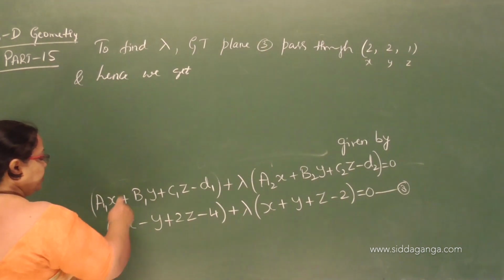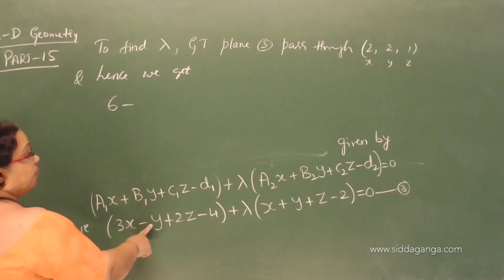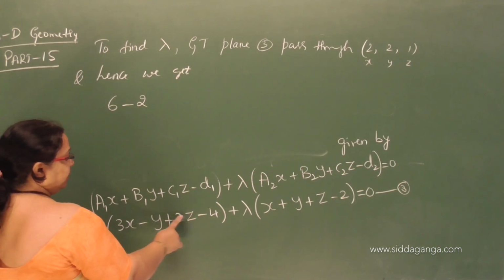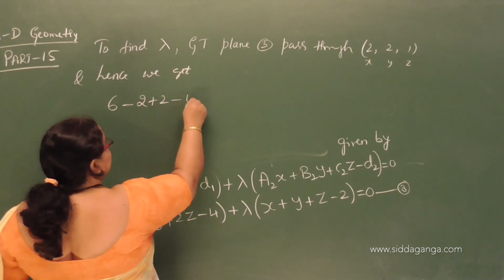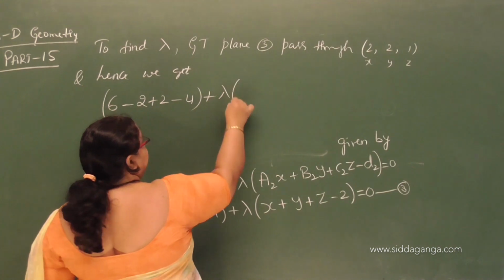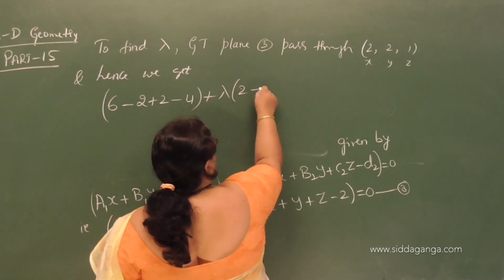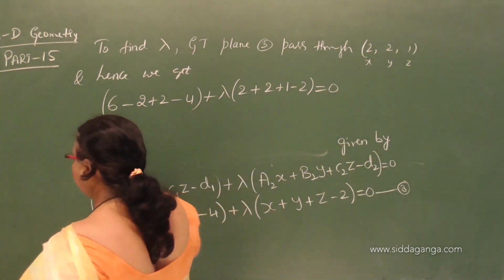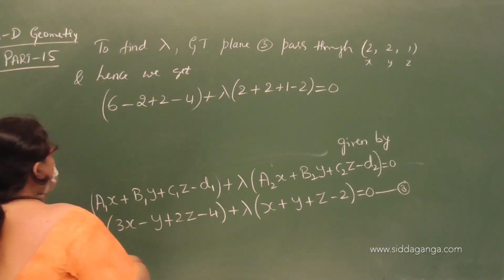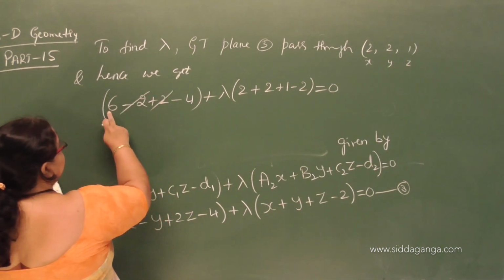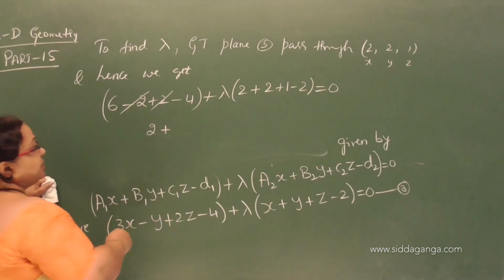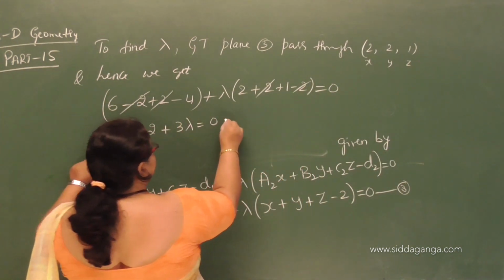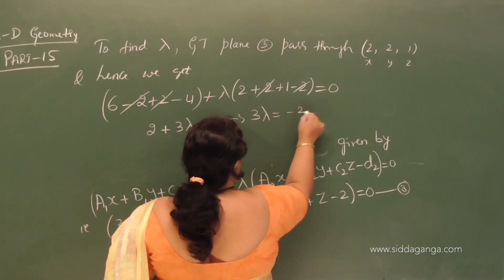Put 2 in place of x: 3 2s are 6, minus y, put 2, next plus 2z, put 1, 2 into 1 is 2, minus 4, plus lambda into x is 2, y is 2, z is 1, minus 2 equal to 0. Plus 2 minus 2 cancels. 6 minus 4 is 2. 3 lambda equal to 0 implies 3 lambda equal to minus 2.